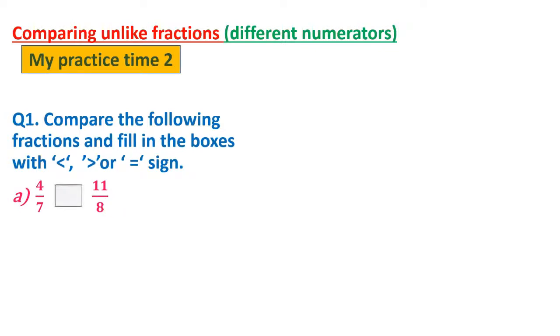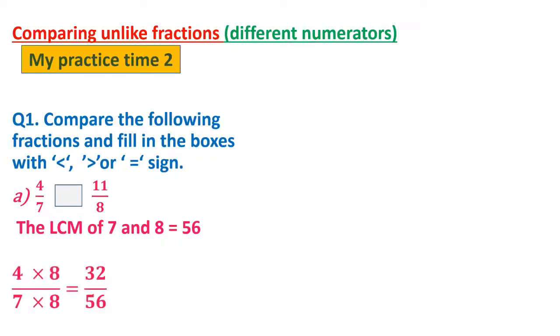In this case, we will find the LCM of the denominators. We have 7 and 8 as the denominators, so we get the LCM 56. Now we will make these two fractions like fractions by making their equivalent fractions.